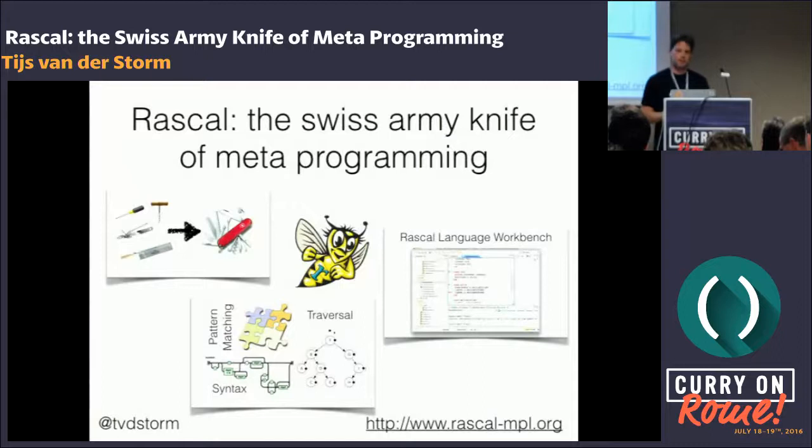The basic components that enable this are really powerful pattern matching, built-in primitives for traversal, and of course built-in syntax definition and parsing. And finally, because of that, it can also be used as a very nice language workbench, where you can prototype and iterate your language designs very quickly, including IDE support and so on. Thank you very much.